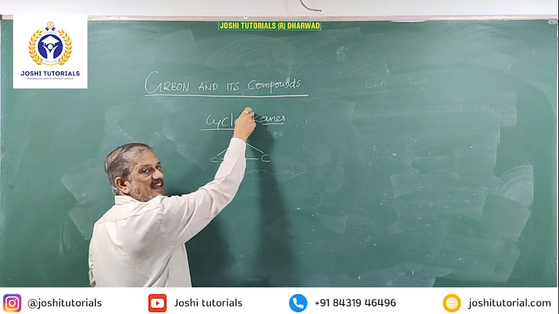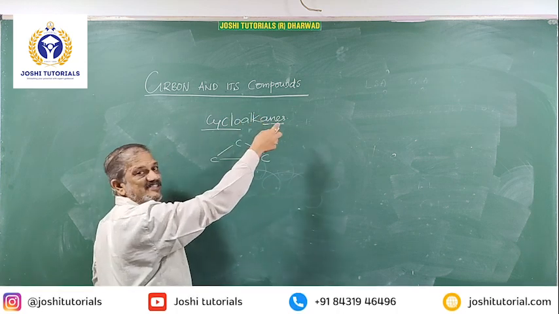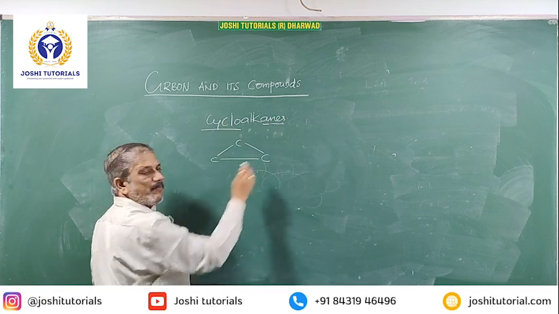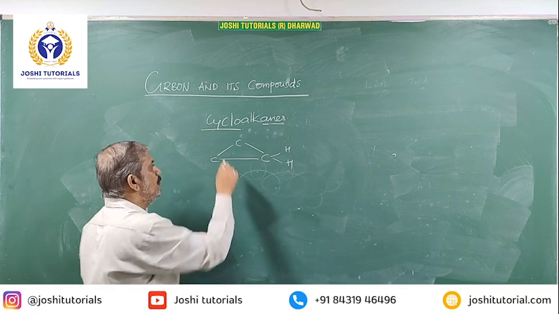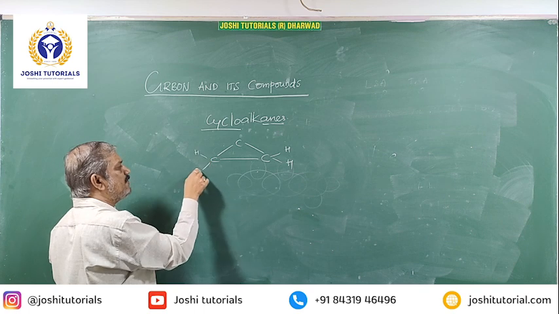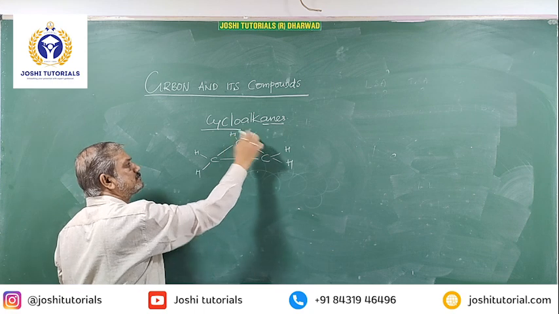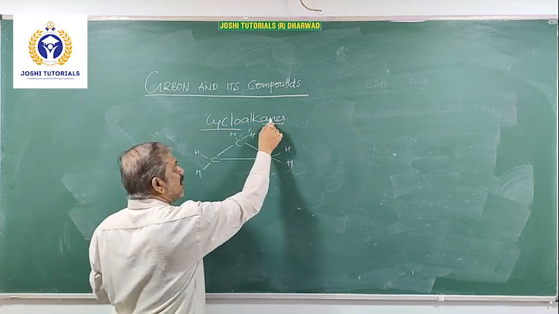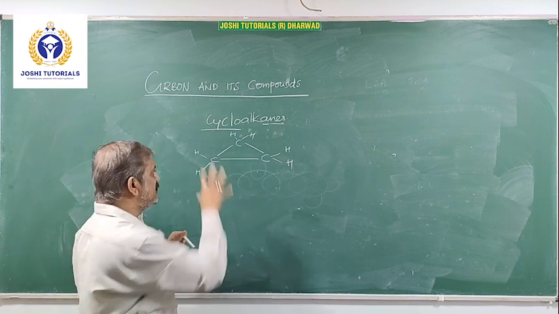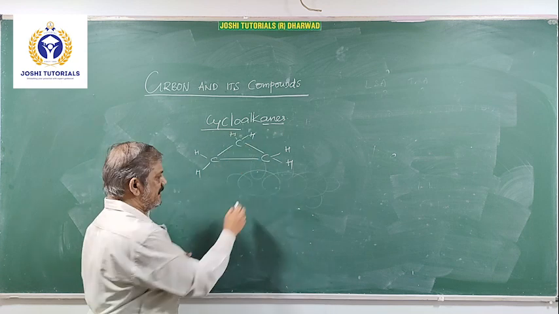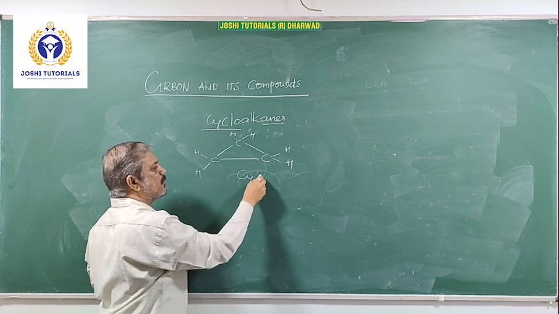Alkane: carbon atoms and hydrogen with single bonds. So cyclo closed, carbon valency is 4: 1, 2, 3 and 4. Remember, cycloalkanes start from a minimum of 3 carbon atoms. There must be a closed structure. Cycloalkane general, 3 are there: cyclopropane.